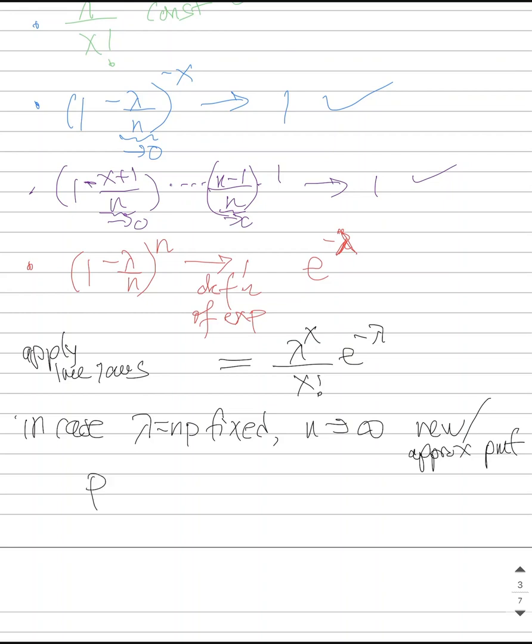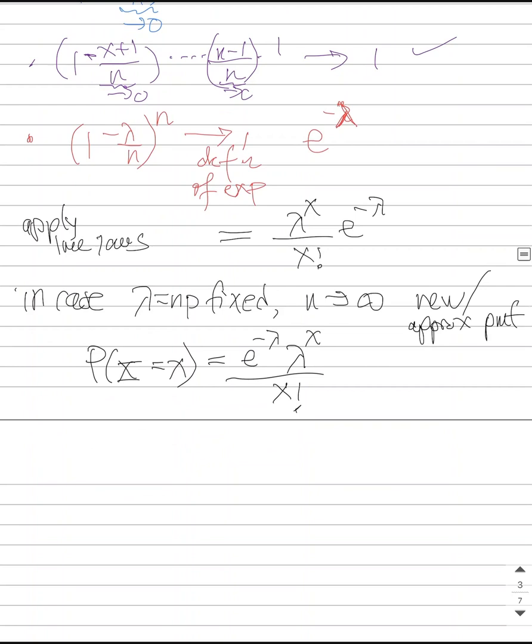So in this case, we would say that the mass function when big X is equal to little x is e to the minus lambda, lambda to the x over x factorial. What is this thing? This is what we are going to call a Poisson distribution. And so in this case, we will say that our variable is distributed like a Poisson distribution.